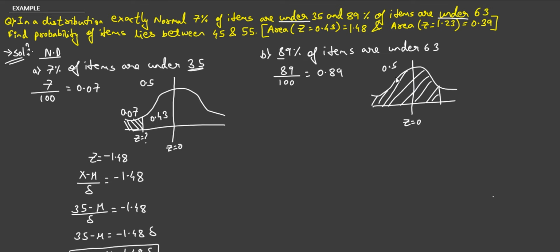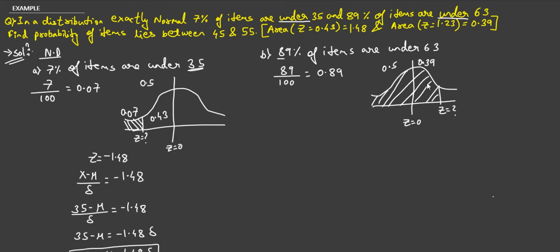If we want to find this area, the Z, the total is 0.89 and if I subtract 0.5, we will get this area, which is 0.39.